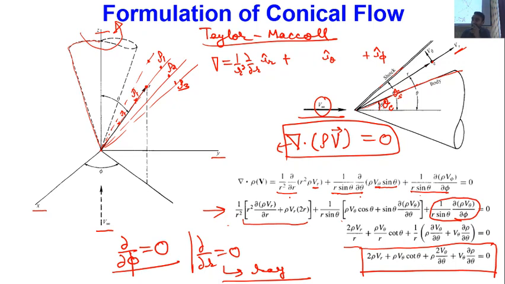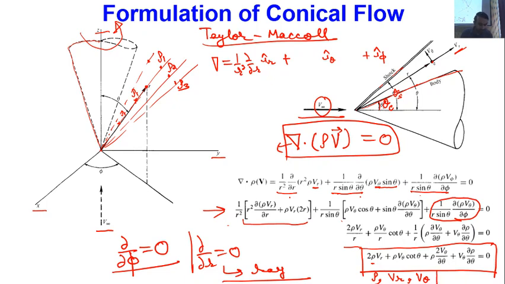Okay, so if at the moment you see this continuity equation, how many variables you are having? One variable over here is rho, density, second variable over here is v r, okay, and third variable over here is v theta. So these are the three different variables at the moment we are having, and these are the dependent variables.